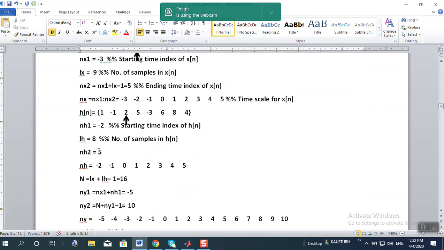Okay, and similarly here nh2 is nh1 plus LH, length, minus 1, which is equal to 5. Here also -2 plus 8, so it is 6, minus 1, 5.